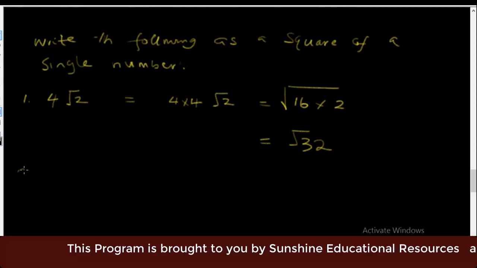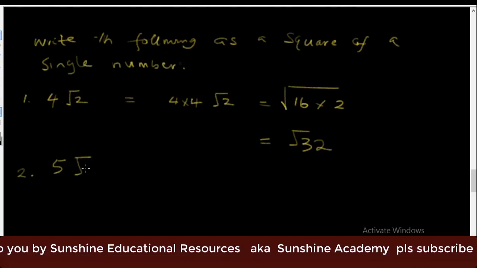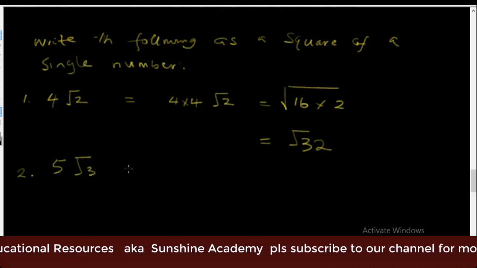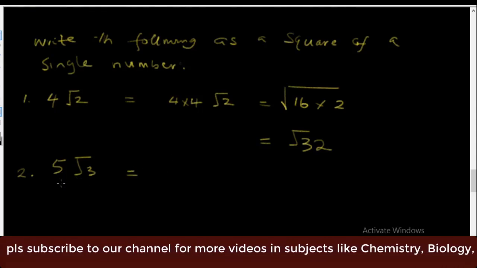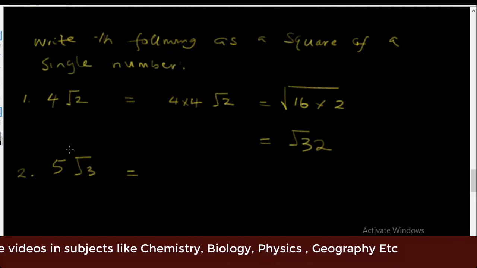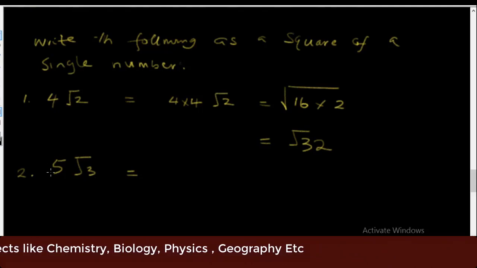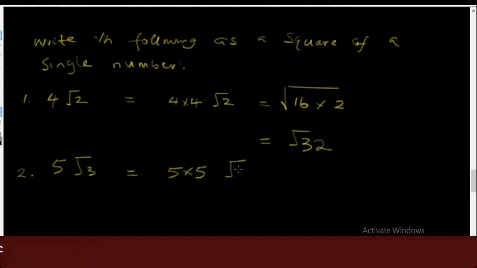Now number 2: 5 surd 3. For this number to exist in this format, or to have been broken down to this level, it means that it must have existed in this format: 5 times 5 surd 3.